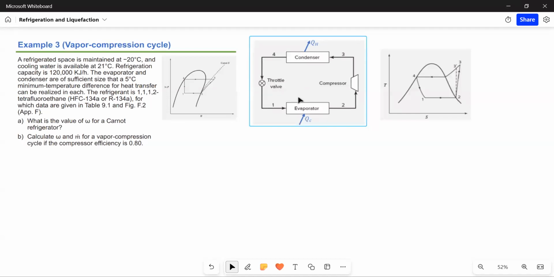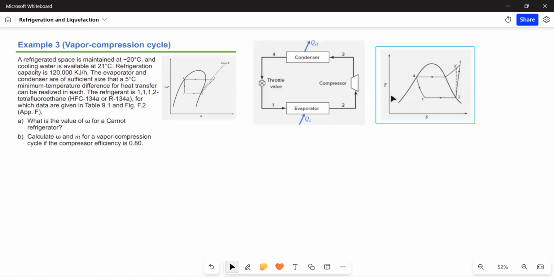So which type of vapor compression is that? Ordinary or standard? So that's an ordinary vapor compression cycle. And then, what else? So evaporator, compressor, condenser, throttle valve. Drawing the diagram, it should look like this.